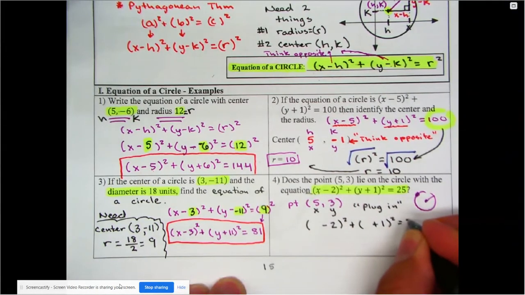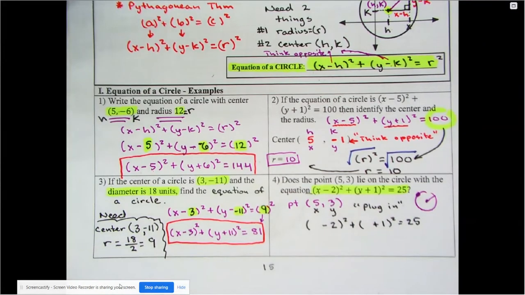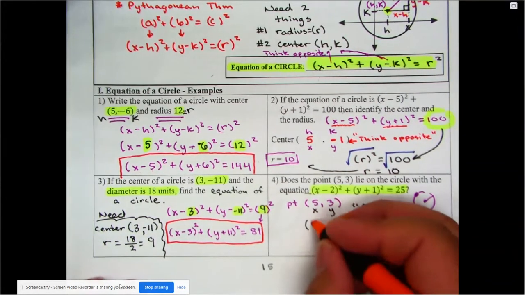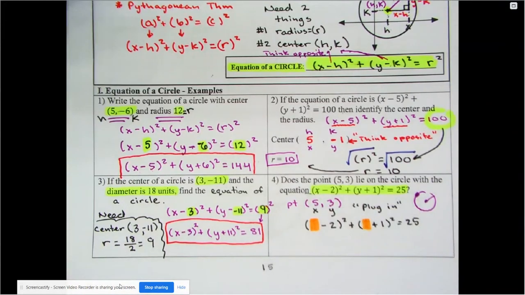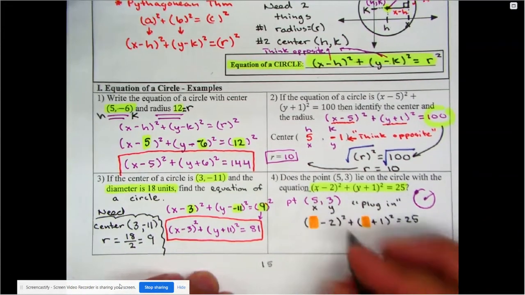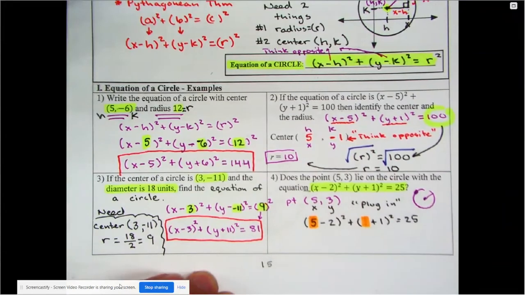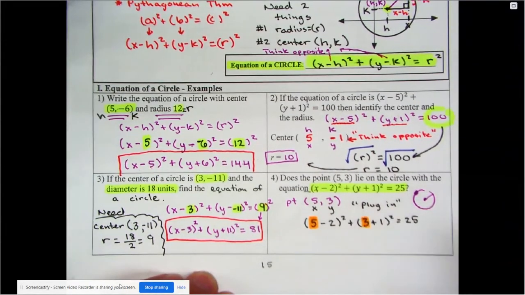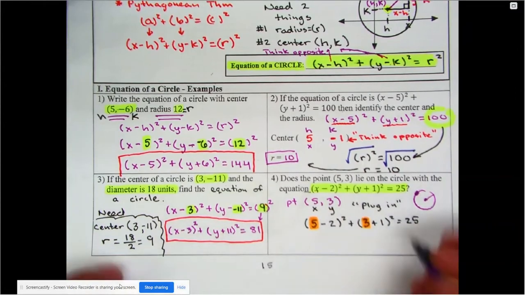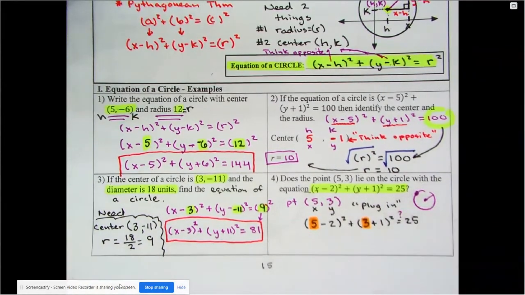But all I did was I left out 2 values this time. I left out an X value and I left out a Y value because that's where I'm going to plug in. My X is 5. So there's a 5. And my Y is 3. And here's the thing. This is the big question mark. Will it all become 25? Remember, you're not solving. We're just checking.